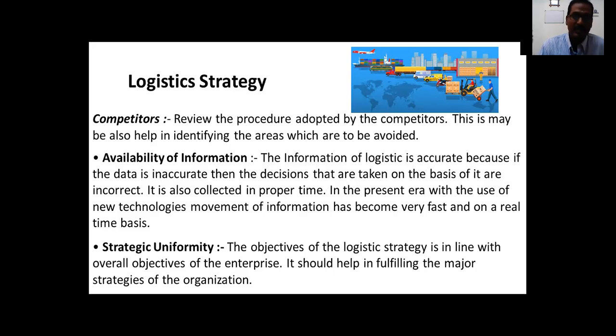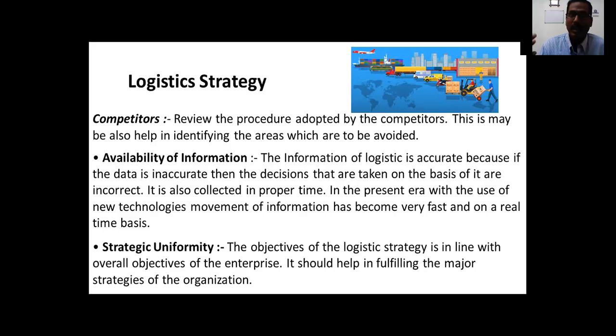Then, strategic uniformity. The objectives of the logistic strategy should be in line with the overall objectives of the enterprise. As I mentioned earlier, whenever we plan, not only in terms of logistics, production or operation, but any area, when we plan our departmental strategy, the strategy should be in line with our vision and mission.